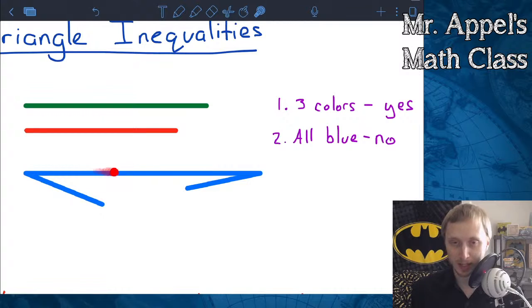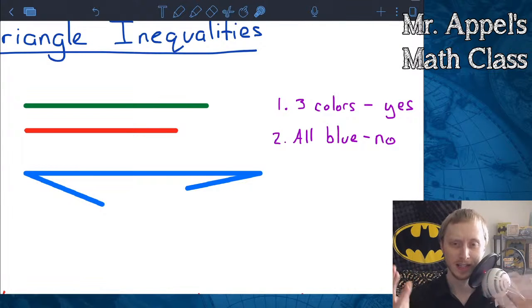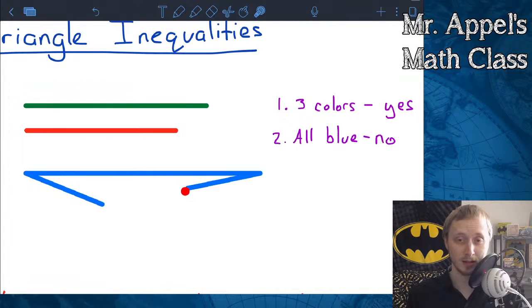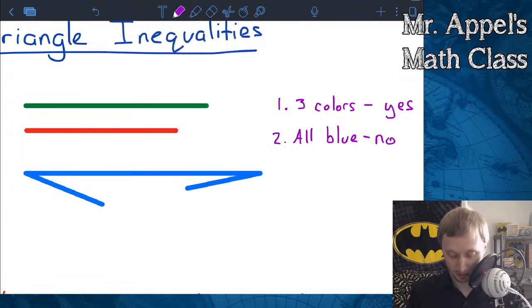This is too big to make the rest of the triangle. Okay? And that's the general consensus. Imagine, if you will, taking those lengths and laying them on top of each other, just as I've done here. If these 2 points can meet, if they meet exactly in the middle, careful there. Let me make another set of colors here.